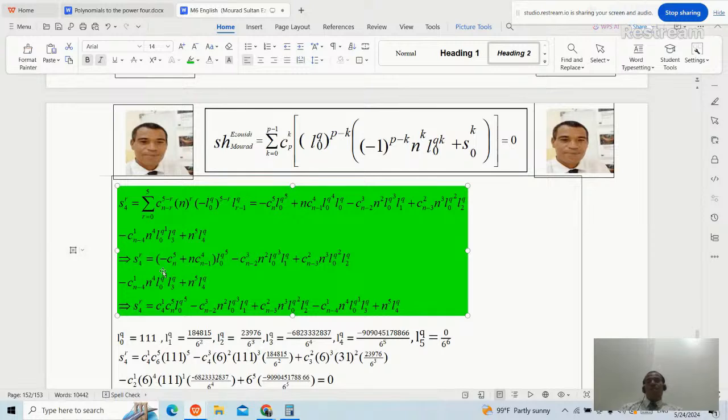This last one is obtained from this after simplification. So you can see, learners, the first term is a common factor.